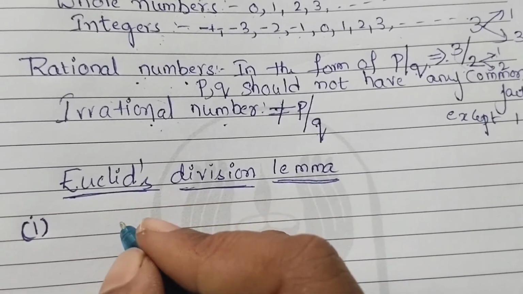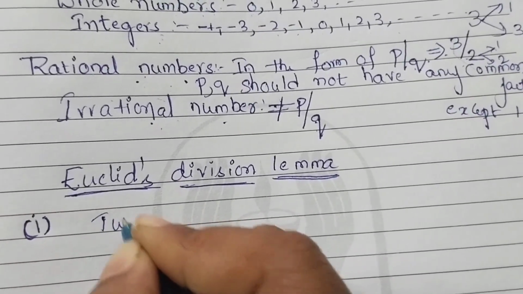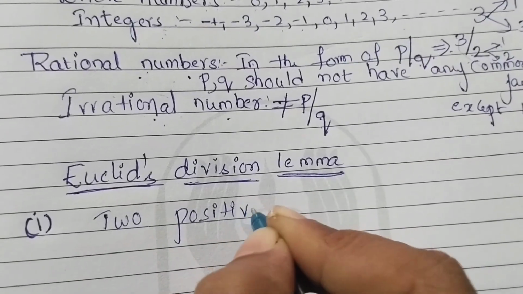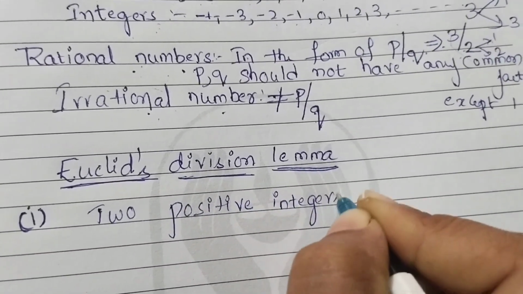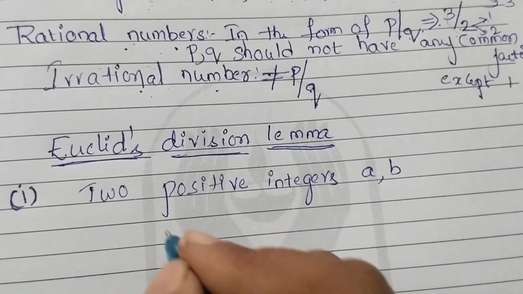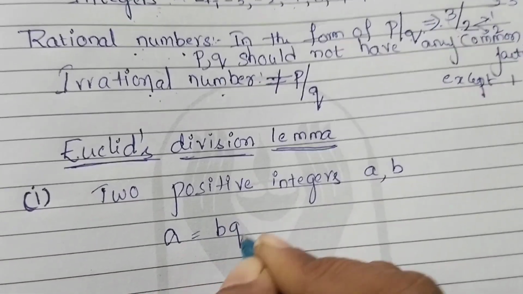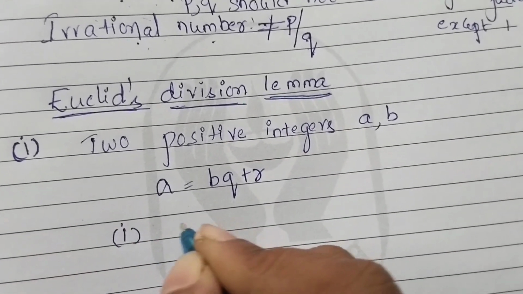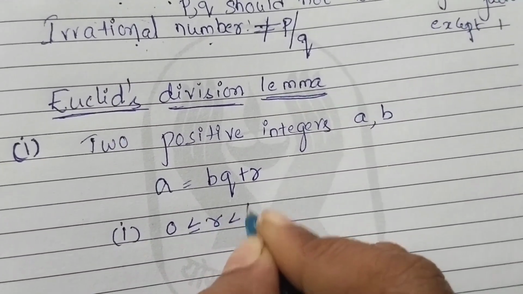The definition is, suppose we have two positive integers, let's say a comma b. Then a is equal to bq plus r, where the condition is 0 less than or equal to r less than b.